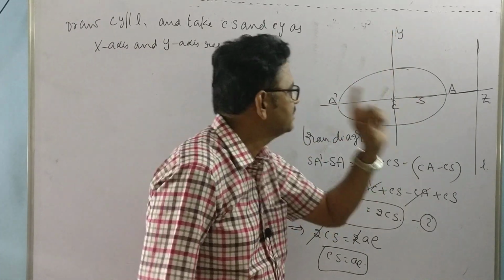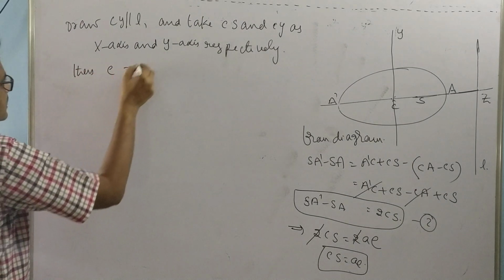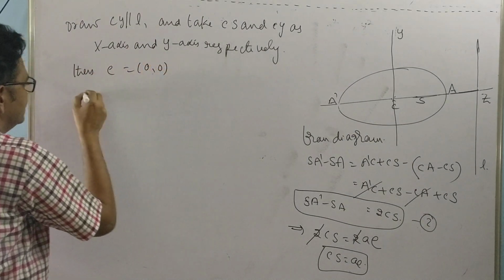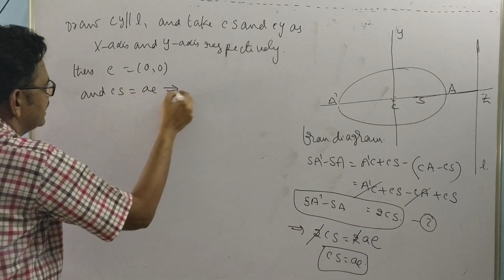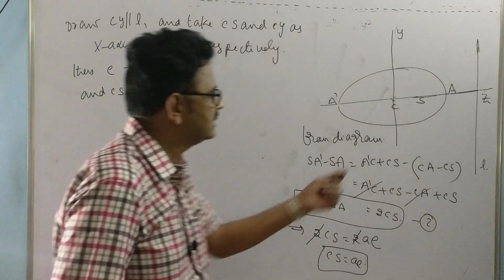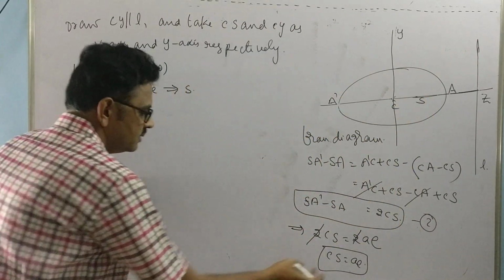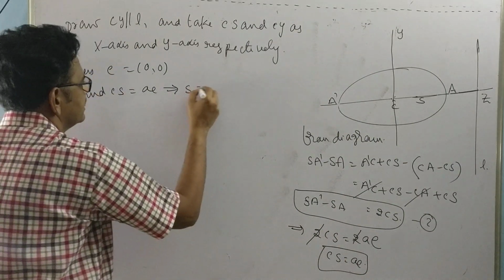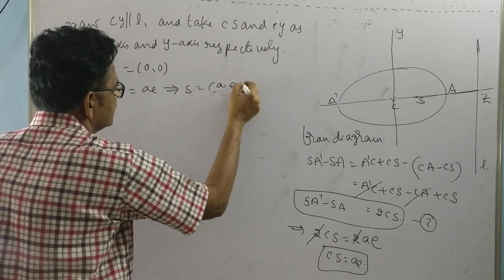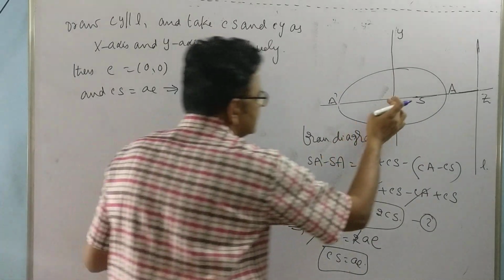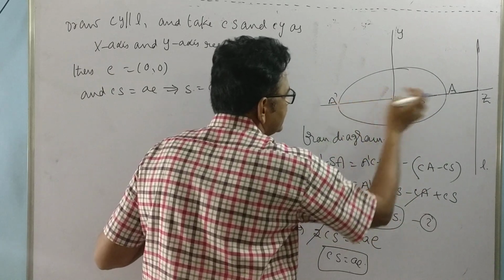Then C becomes 0, 0. CS is equal to AE, which implies S lies on the x-axis. Therefore the coordinates of S are AE, 0. And CA is equal to A, because C is the midpoint of A dash and A dash is equal to 2A.